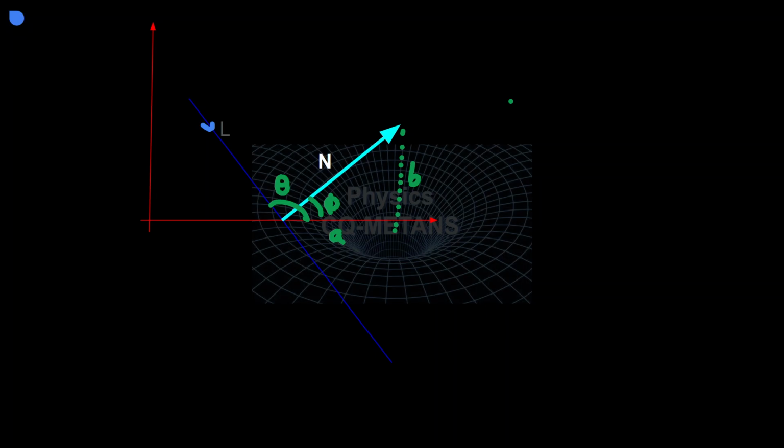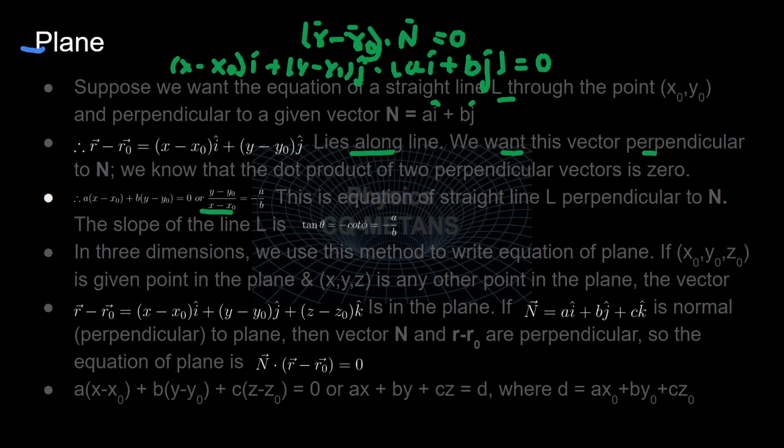So cot phi is nothing but a by b, and if I put a minus sign, then I will be consistent with this equation. So the slope of the line is minus cotangent of theta, that is equal to minus a by b. That is what we get. So this is two dimension, and from this we get some understanding.